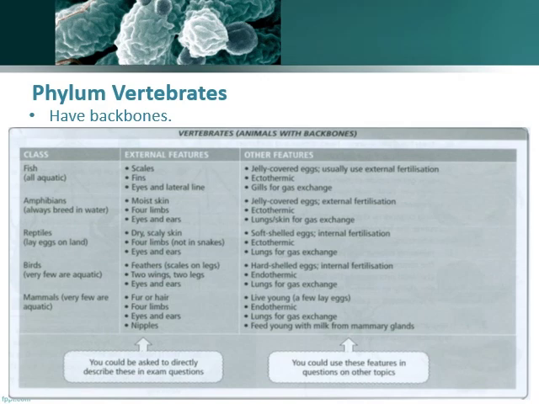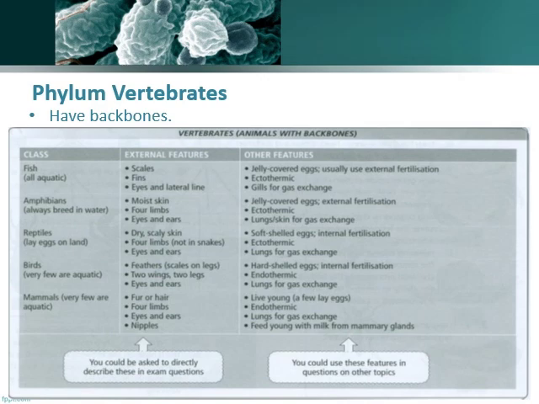For gaseous exchange, fish have a specialized organ known as gills. Gills are important because they take oxygen from the water and remove carbon dioxide and waste product into the water. The next class that we are going to discuss is class amphibians.